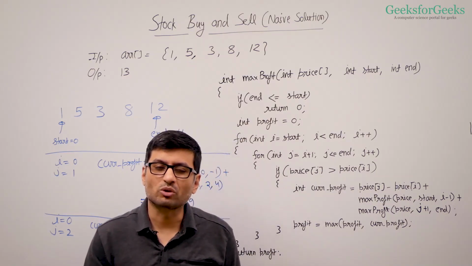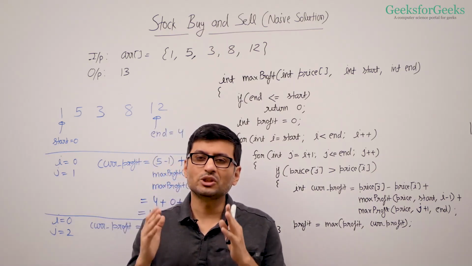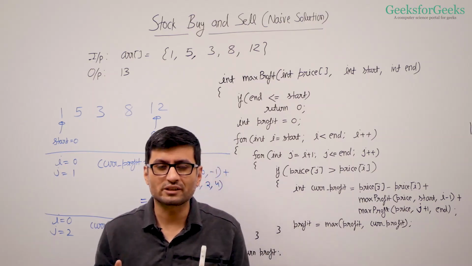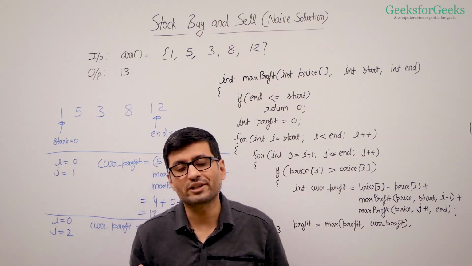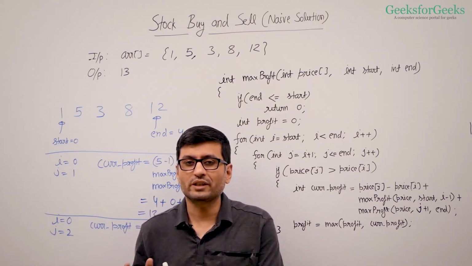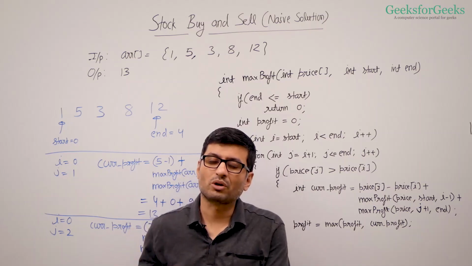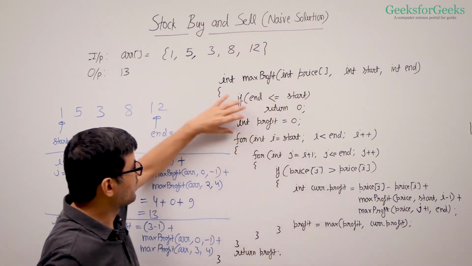Once you find such a pair, you take this pair, add this pair's difference to the current profit, then you recursively call max profit for the left of i and max profit recursively for the right of j.